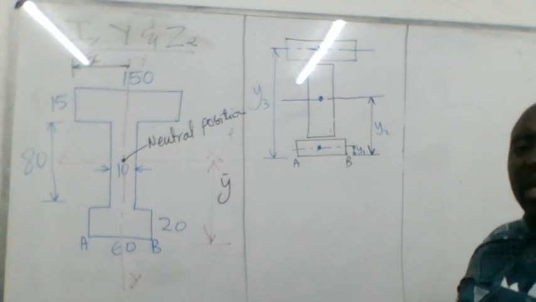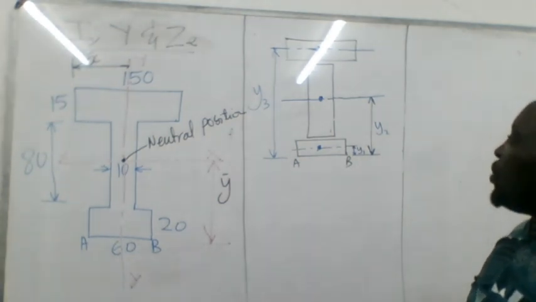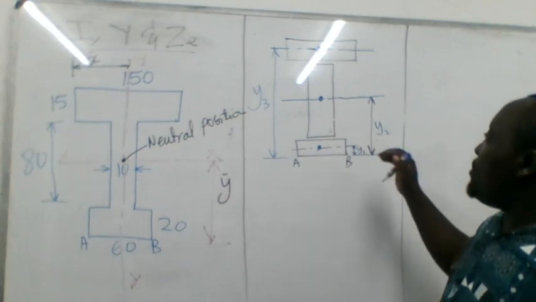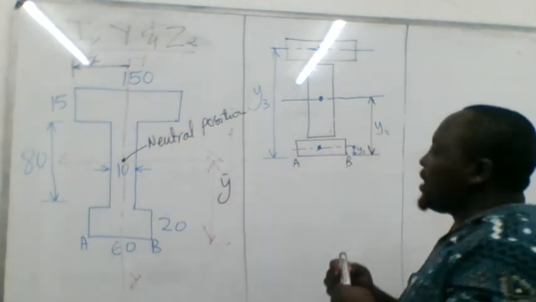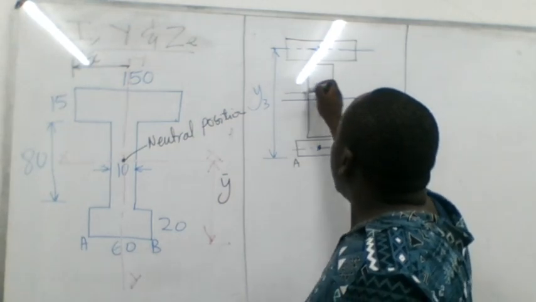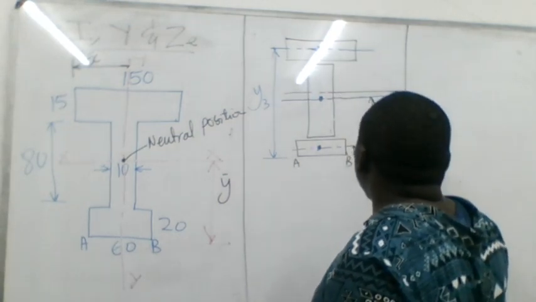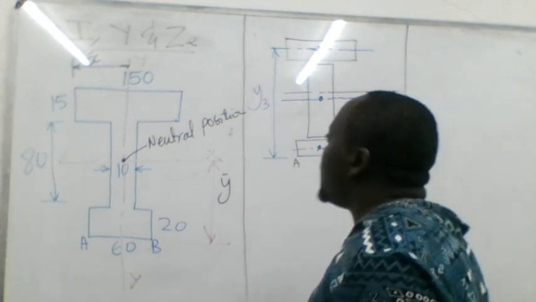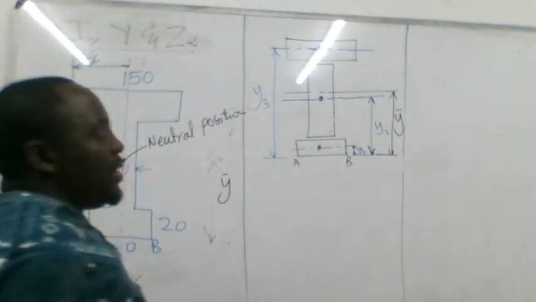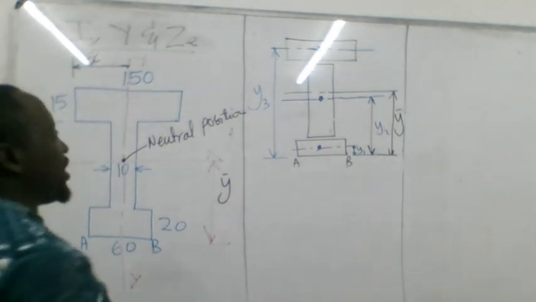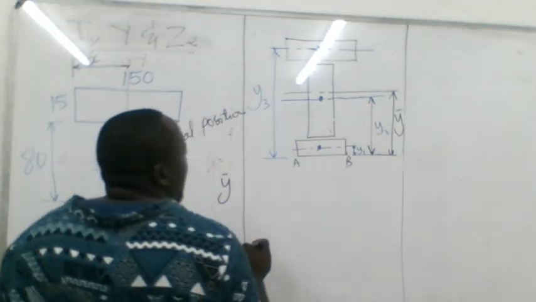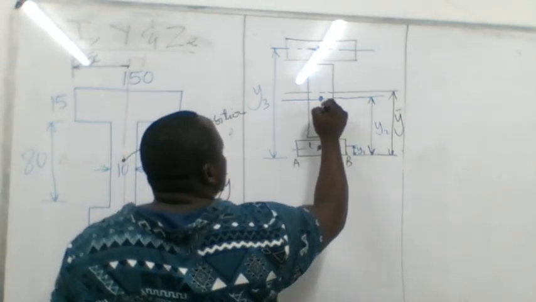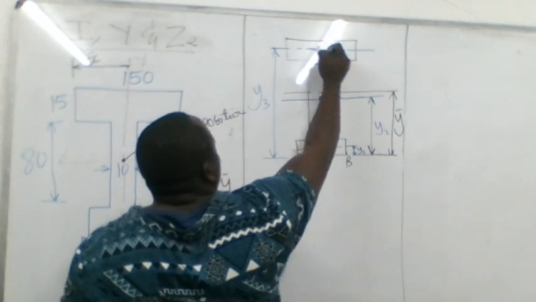Now, we are looking for the Y bar. Y bar is situated at an unknown point. That's where it is situated. So we say, this I'll call 1, 2, 3.